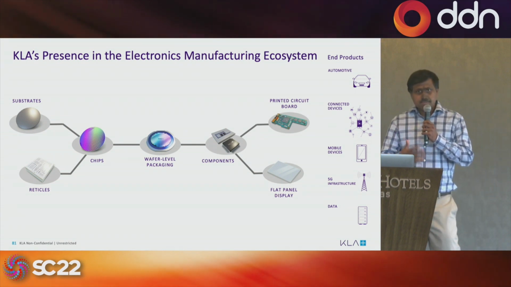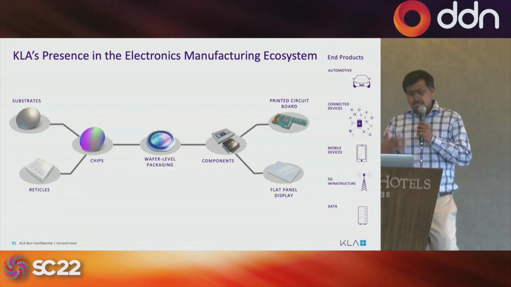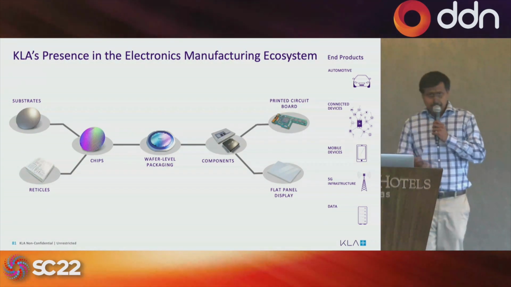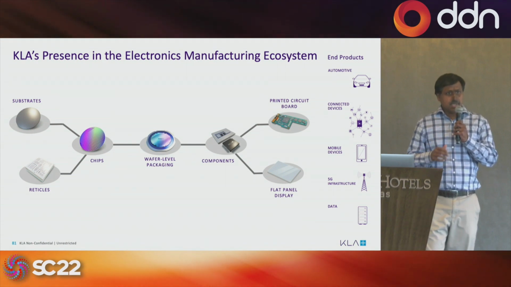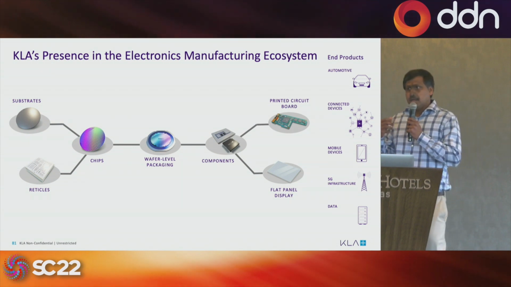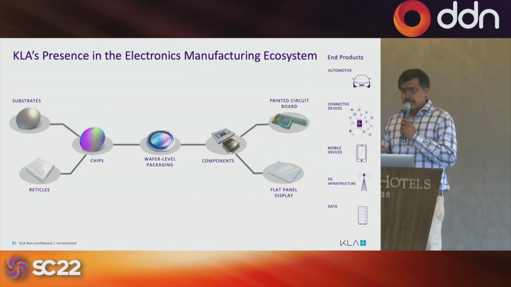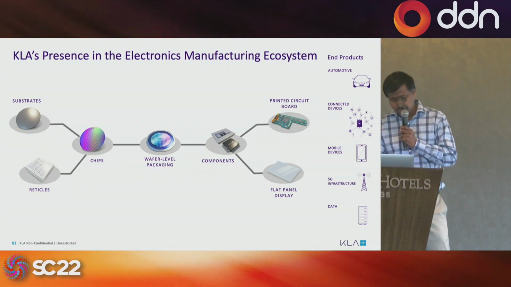Other than these, we also have many other divisions which work in printed circuit boards, flat panel displays and more. But I am in a division called the Broadband Plasma division, and we make optical inspection and metrology products which measure all these various components.